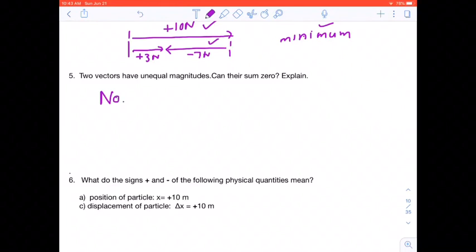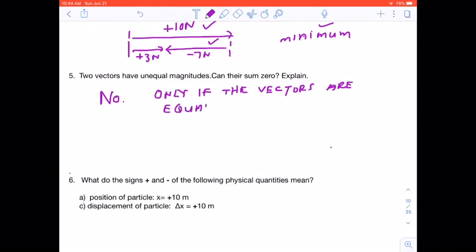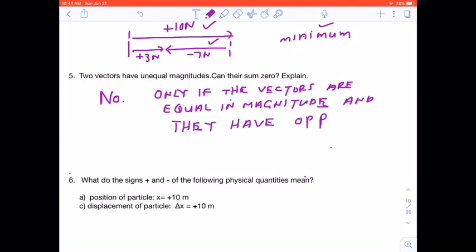Only if the vectors are equal in magnitude and they have opposite directions.